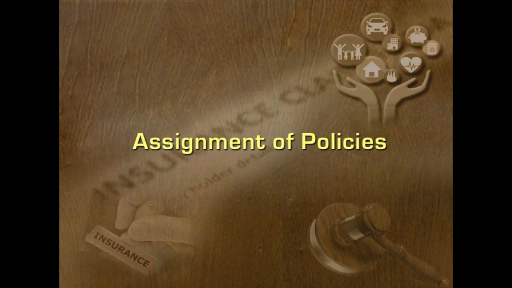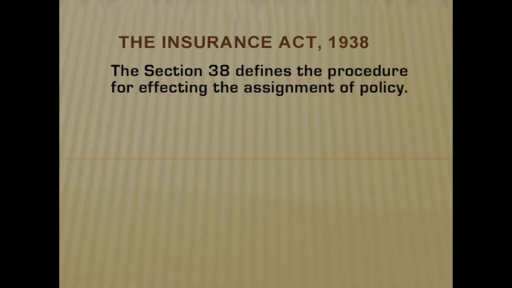Let us understand the assignment of policies. Insurance policy is considered as a property and transferred by way of assignment. Section 38 of the Act 1938 defines the procedure for effecting the assignment of the policy.